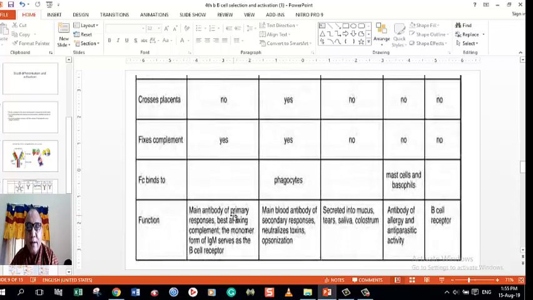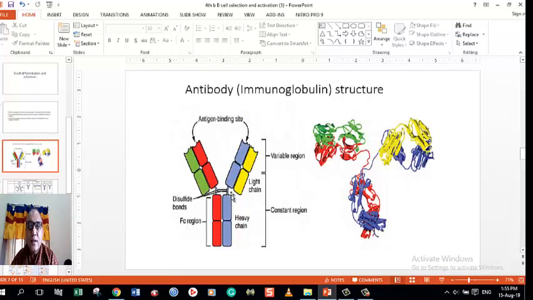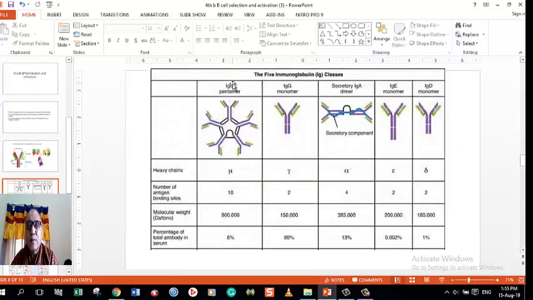When antibodies are produced against any foreign particles, IgM will be produced. These IgM will act against any antigens, foreign particles, and this happens only in the initial encounter.